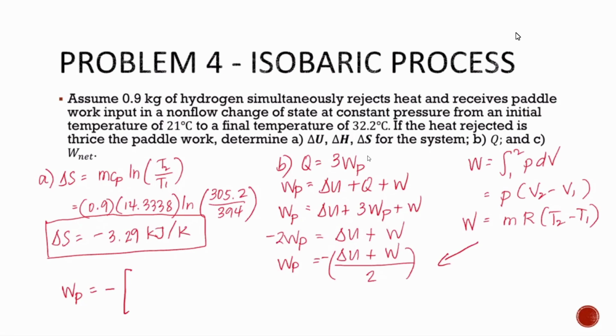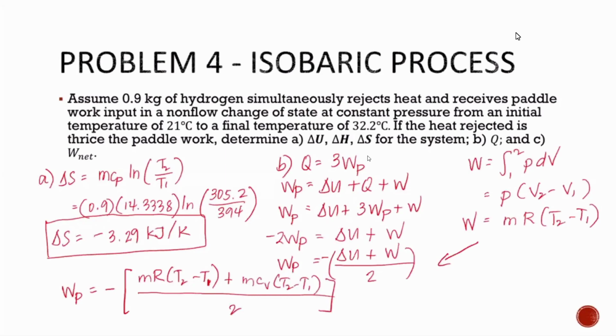MCV. Or pwede namang baligtarin, ito munang MR, kahit alin ang mauna, okay lang. Plus, T2 minus T1, plus anong ginamit ko kanina sa delta U? M CV T2 minus T1 over 2.